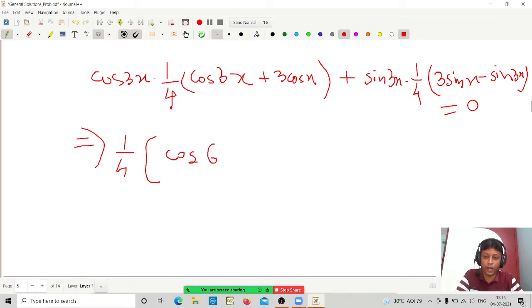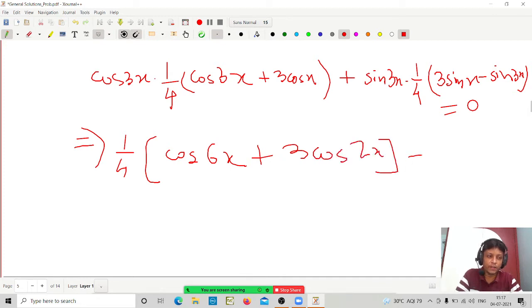Cos 2x formula I am applying, cos 6x plus, if you take 3 common, then 3 cos 3x cos x plus sine 3x sin x. So cos a cos b plus sin a sin b, that will be your cos a minus b, so cos 2x. So this is the simplified form.